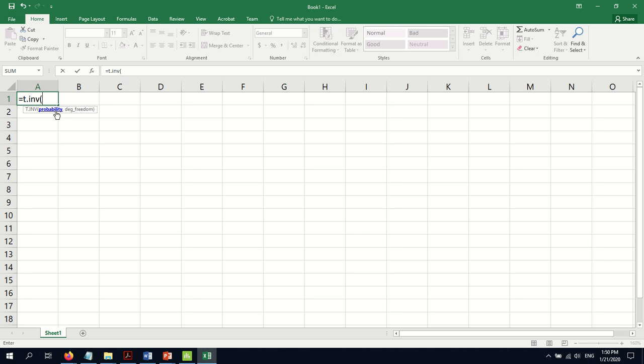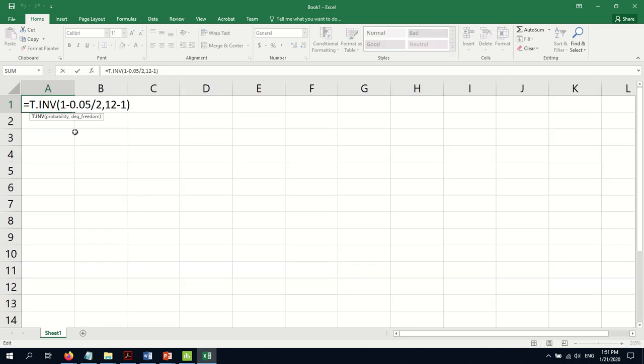So here we use a positive cumulative probability 1 minus alpha over 2. Here we assume alpha is 0.05. The second parameter, degrees of freedom, is the number of records minus 1, 11 in our case. So we find the t-test critical value is roughly 2.2.